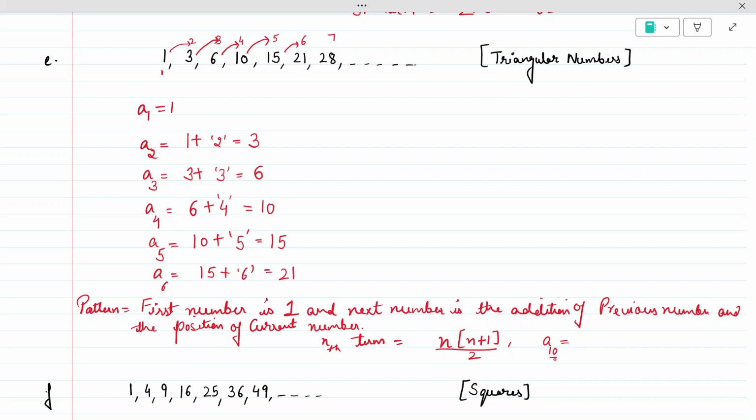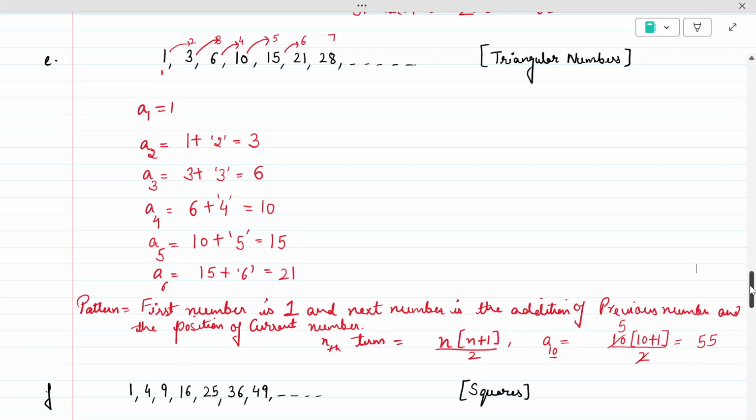So we have n is equal to 10. I will write 10 multiplied by 10 plus 1 divided by 2, which, we can cancel, right? This is 55. So in this series, at the 10th position, we will have the number 55. Likewise, we can use this formula to derive any term.